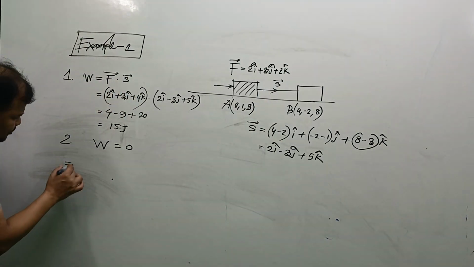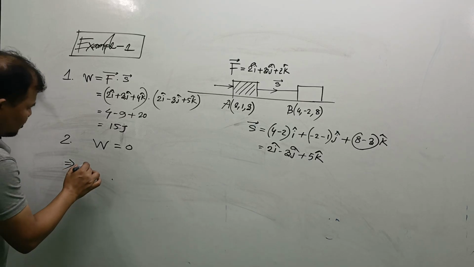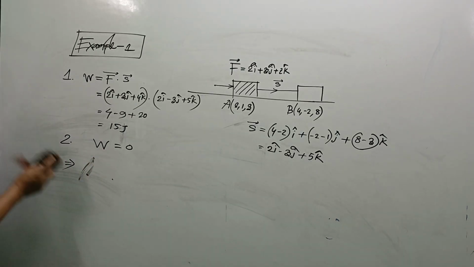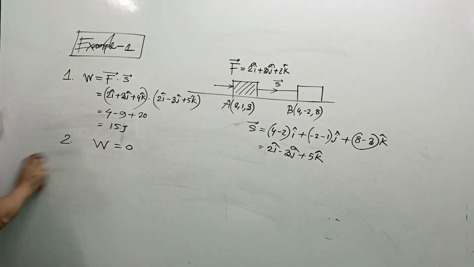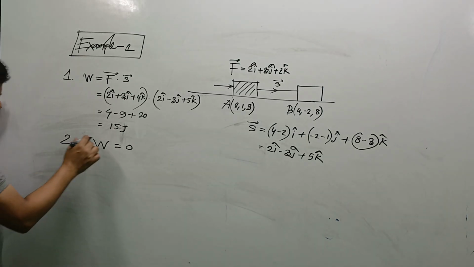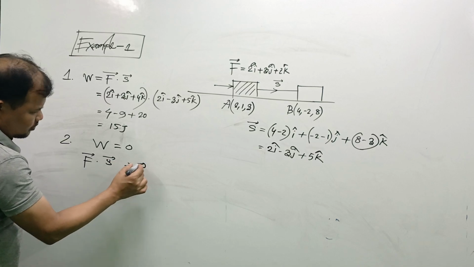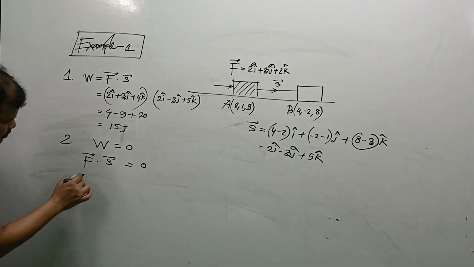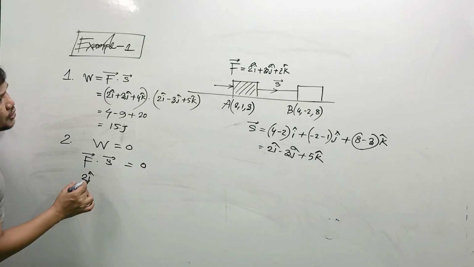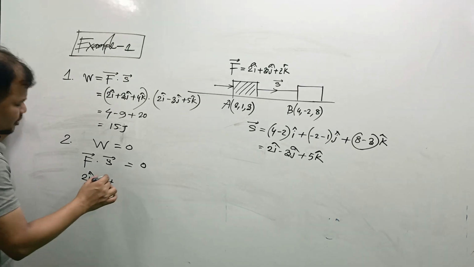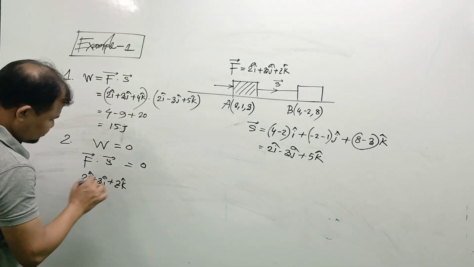Now our duty is to put the values. As we know from our equation for measuring work, work done is F dot S. At first we write the value of force, 2 i cap plus 3 j cap plus z k cap.